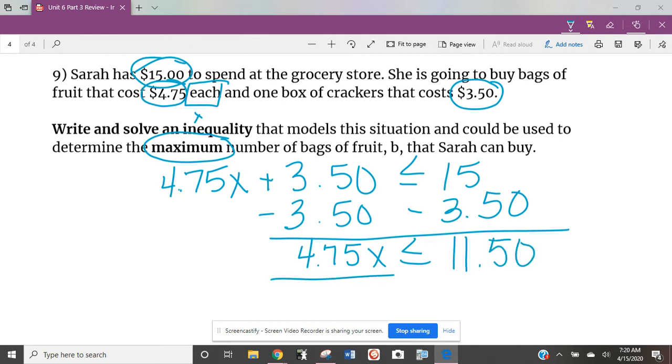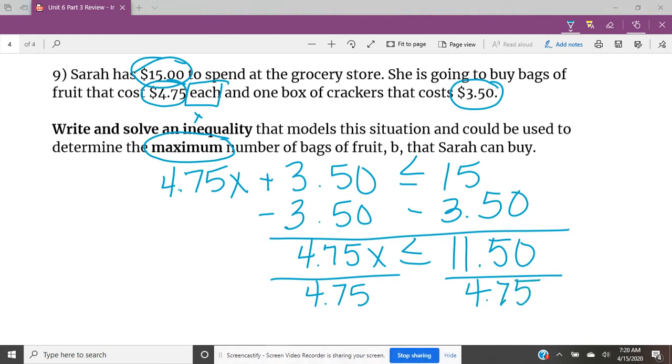Then we're going to divide by $4.75. Obviously, this answer is going to be a decimal.